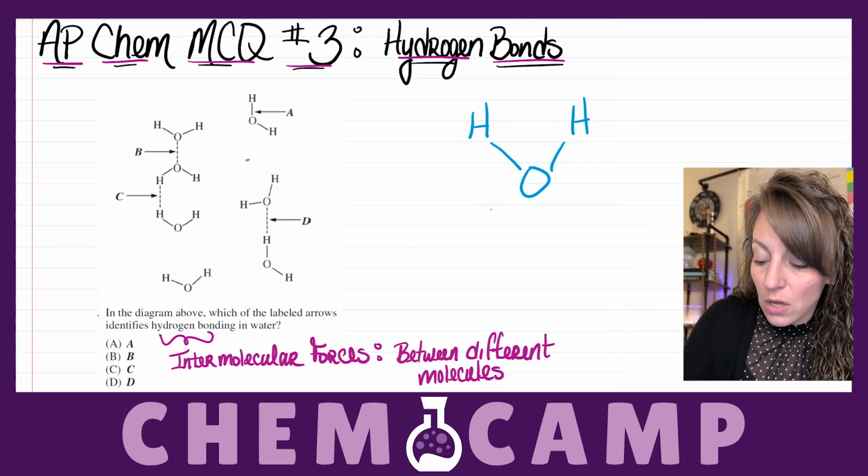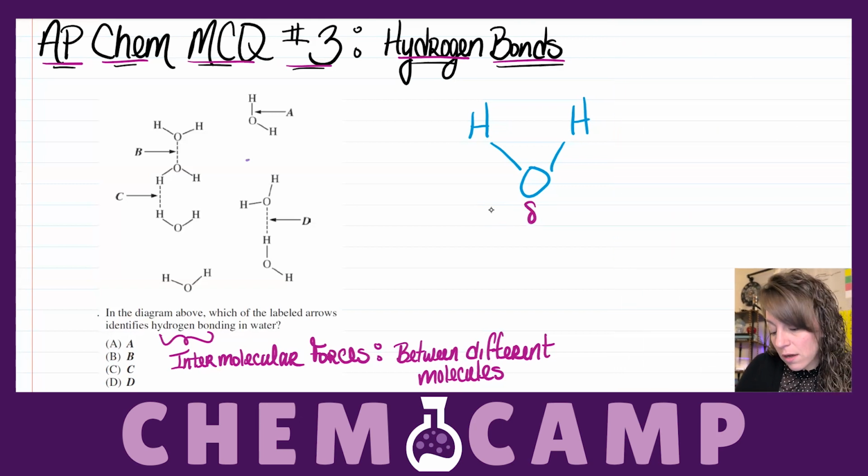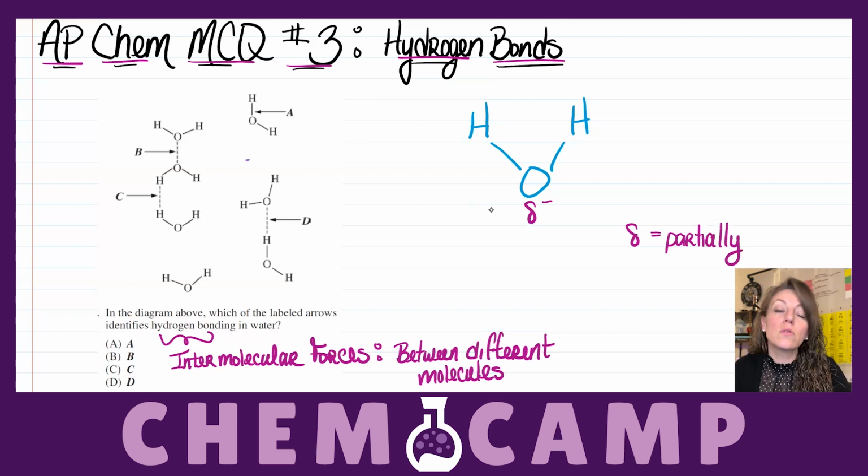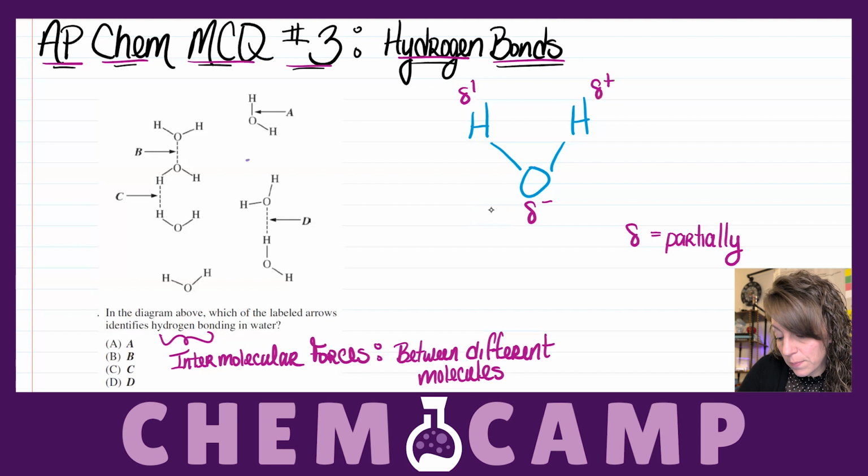For instance, every oxygen end of a water molecule is partially negative, where we use the lowercase delta symbol to mean partially. And since those hydrogen atoms are having those electrons move away from them, they each become partially positive. This makes water a polar molecule.